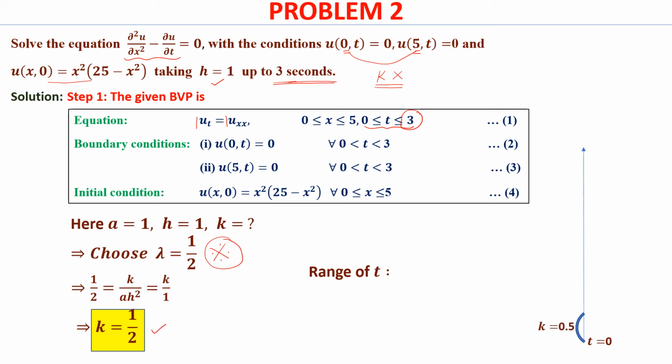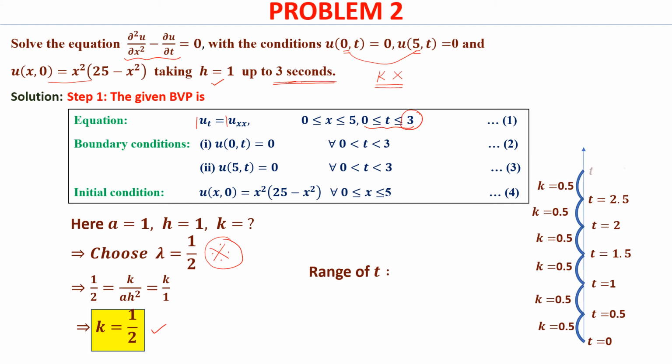So k is equal to 0.5. So we reach t equal to 0.5. Again we take a jump of 0.5, then reach t equal to 1. Take a jump of 0.5, reach t equal to 1.5. Take a jump of 0.5 and reach t equal to 2. And then take a jump of 0.5 again and reach 2.5, and finally another jump to get 3.